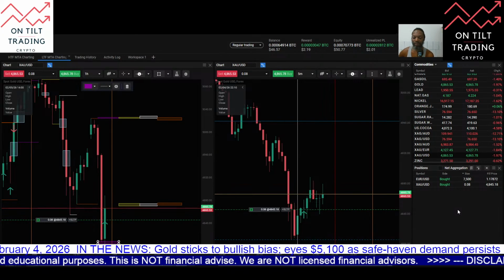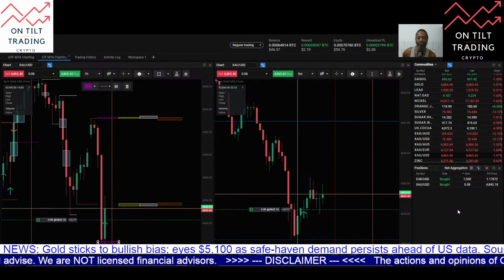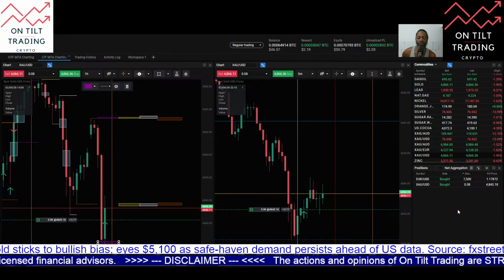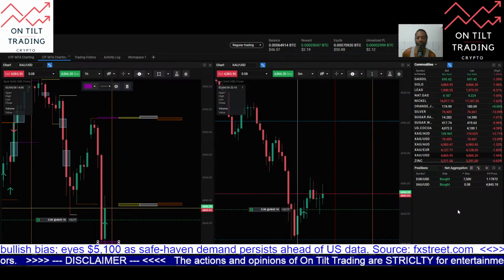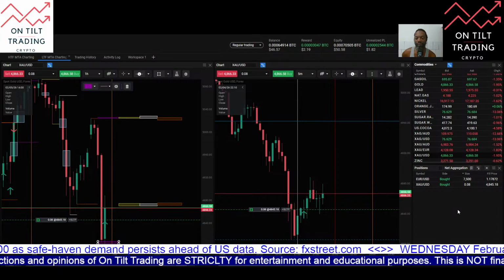Price is consolidating. Gold currently trading at 48.66.